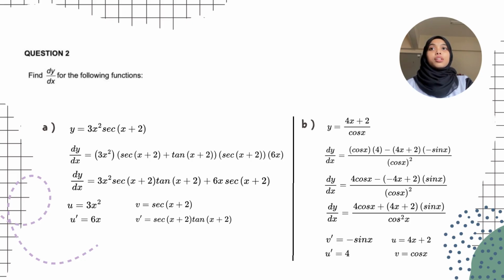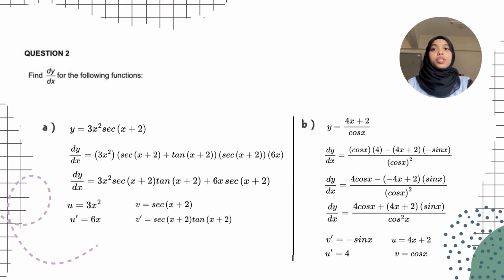So the final answer for 2a is 3x squared (sec x tan x plus 2) plus 6x (sec x plus 2). So for question 2b, y equals (4x plus 2) over cos x. For this question, the function is a fraction, so we are using the quotient rule. Now we assign the parts again. u equals 4x plus 2 and u prime equals 4.